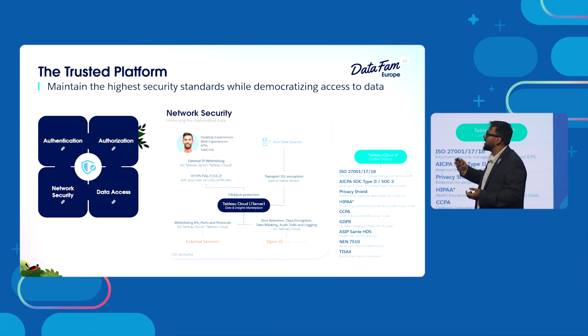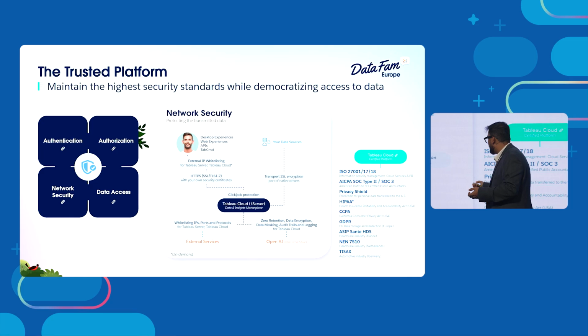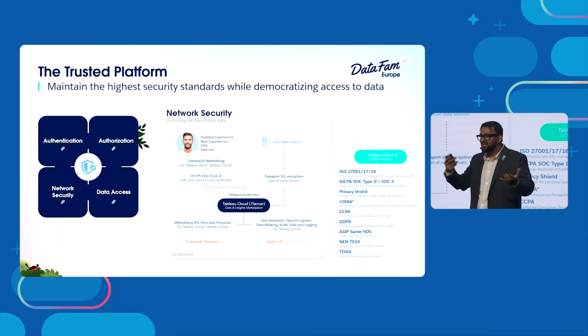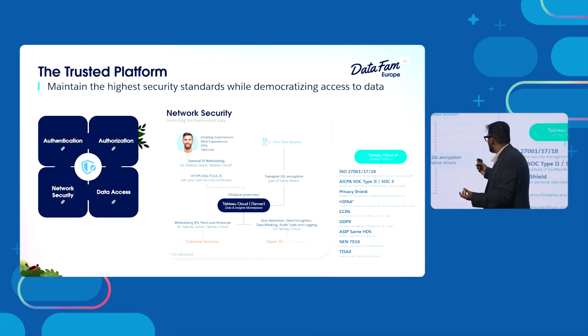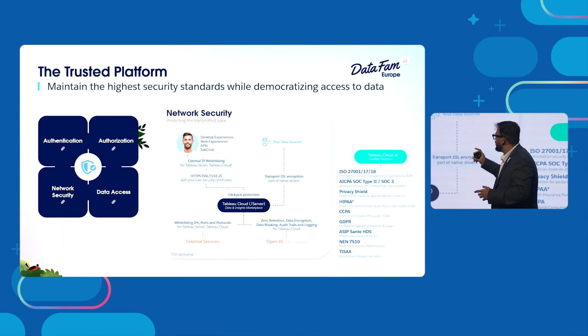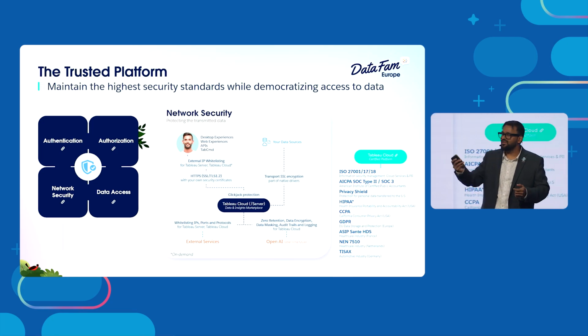The more important thing that might interest you here is all of our OpenAI or all of our agentic conversations. We provide services such as zero retention, data masking, ZDR. We'll talk about that in the next couple of seconds, but we provide that all out of the box. And this is not just for Tableau Cloud.